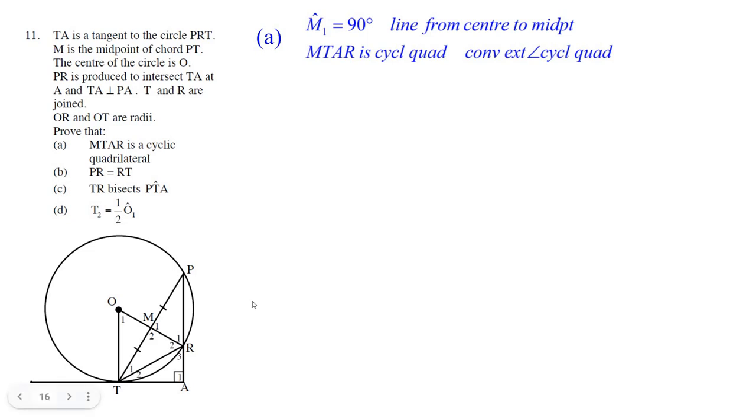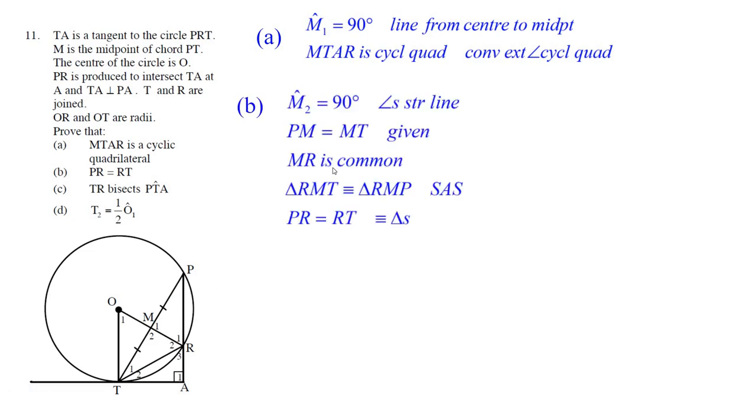Let's try the next one. That PR equals RT, that these two are equal. Well, that would mean that T1 has to equal P somehow. Let's see what I did. I went that M2 is equal to 90 degrees because of angles in a straight line. It's given that these two things are equal, and MR is common.